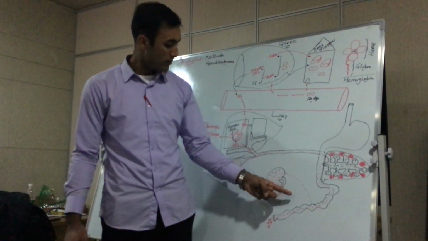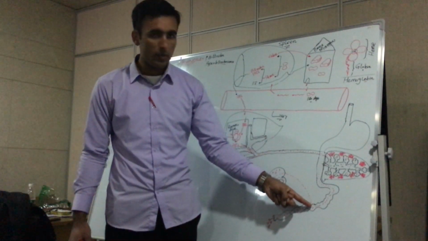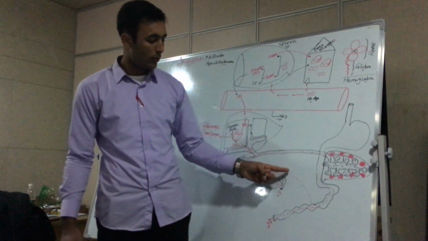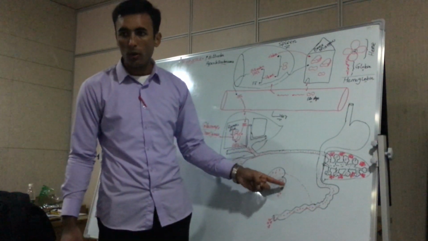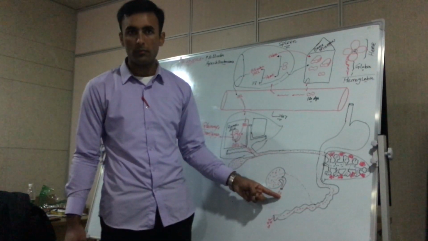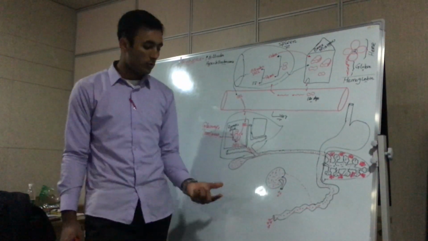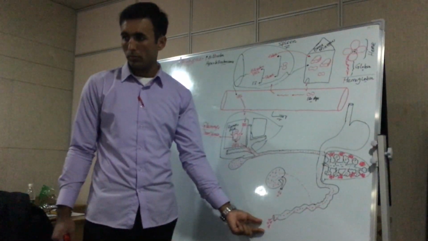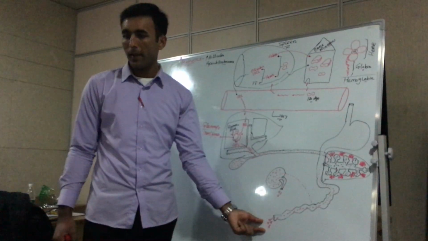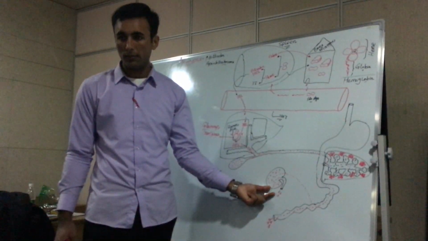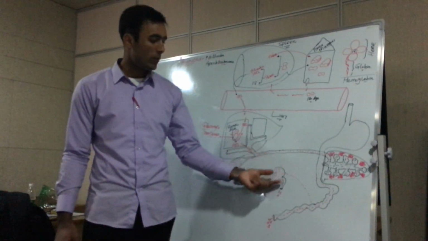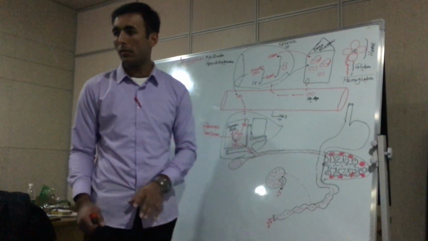So some of the DBIL goes back to the blood and goes to the kidney and goes out through the kidney. So it has two pathways out. One is through the feces, through the large intestine, and another is through the urine, through the kidney. In this way, this direct bilirubin goes out of the body.